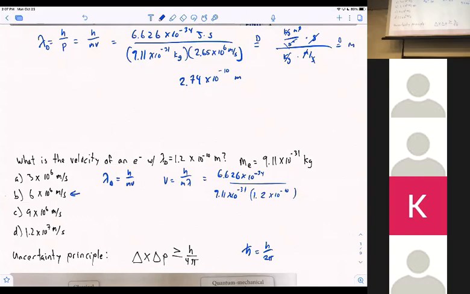My question is, should I multiply this first? You can do it either way. So I would do 6.626 E minus 34 divided by the quantity, times 1.